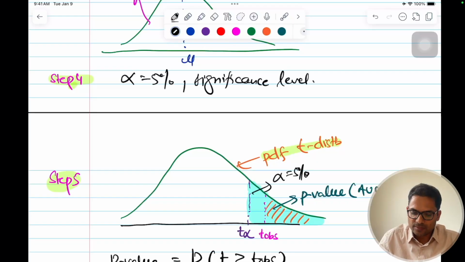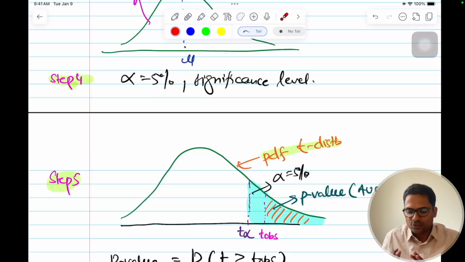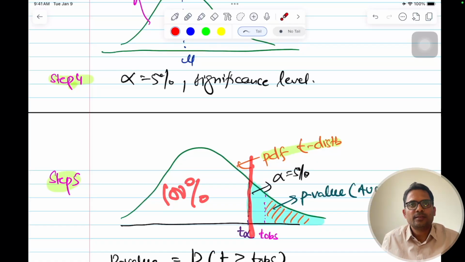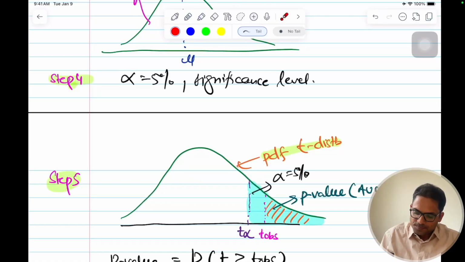That is the significance level. The total is 100%. So this is your t alpha. Now think, my significance level is that at most 5% false positive I can accept. Not at least, max 5% I can accept here.